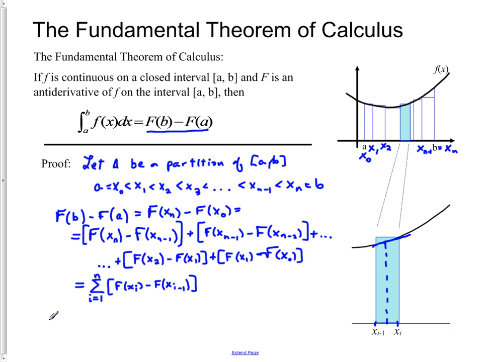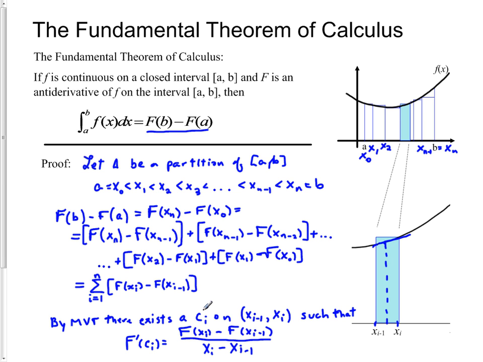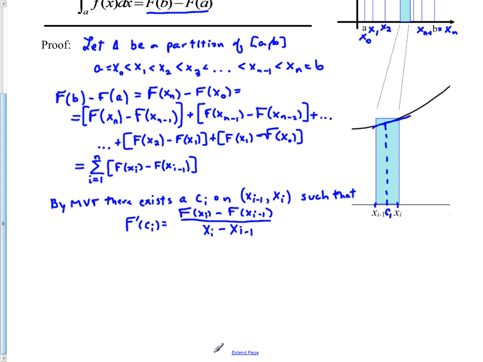The mean value theorem says that there must exist some value c sub i on that interval such that the derivative at c sub i is equal to f of x of i minus f of x of i minus 1 over the difference x of i minus x of i minus 1. And again, that's a very familiar term right there from our mean value theorem.